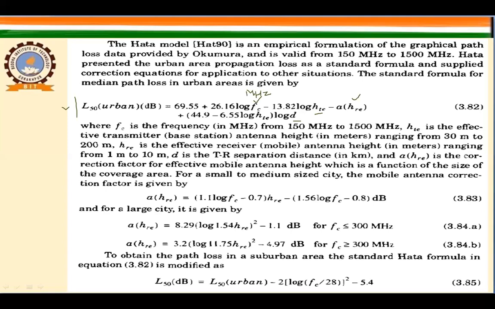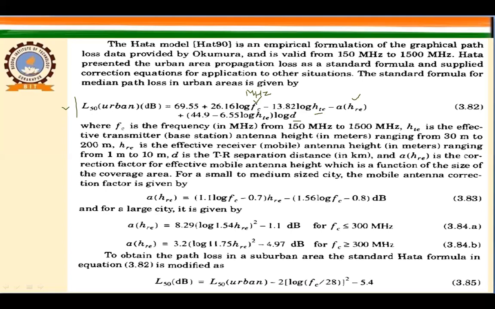Due to this, the value of hre is not fixed in every mobile, so we need a correction factor for the effective mobile antenna height, which is unique for the same set of operating radio terminals.